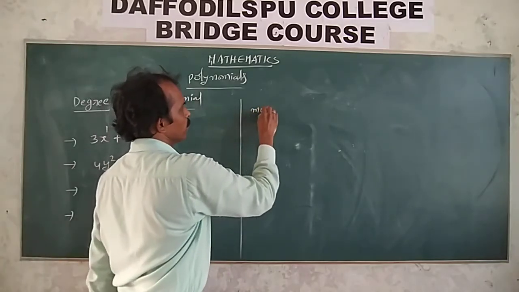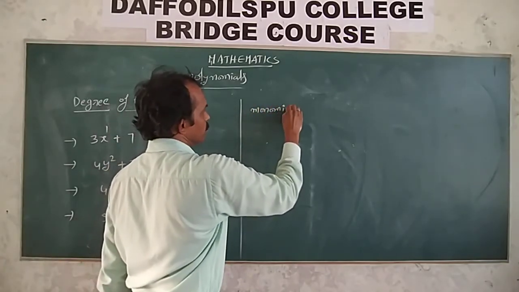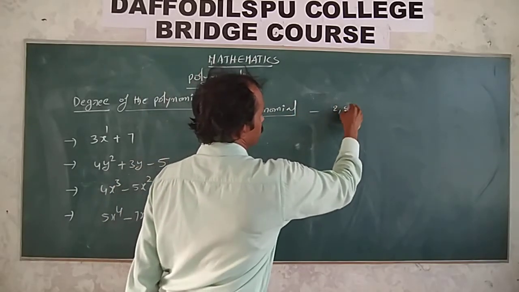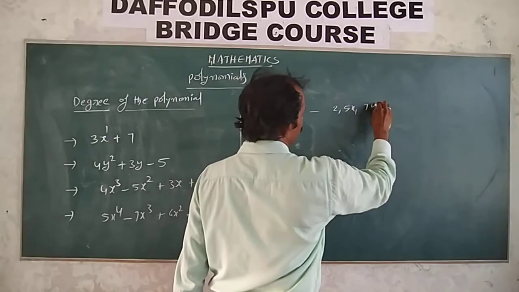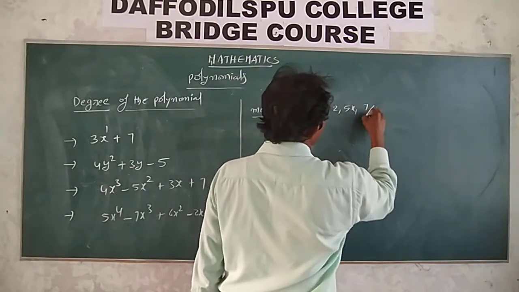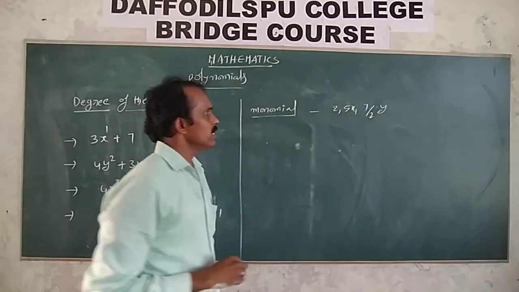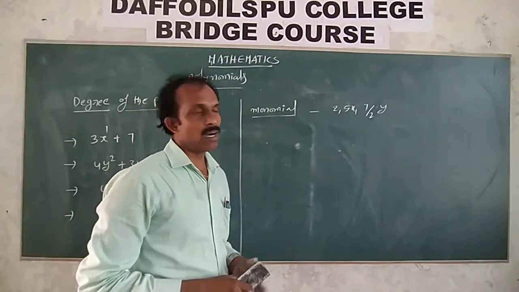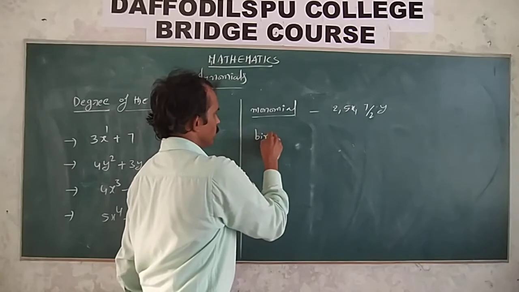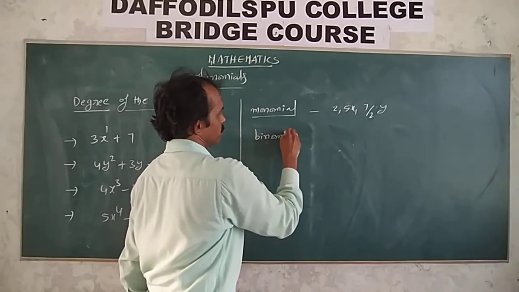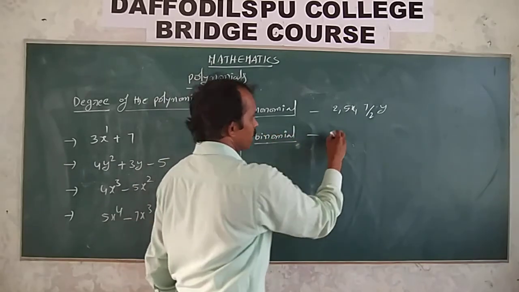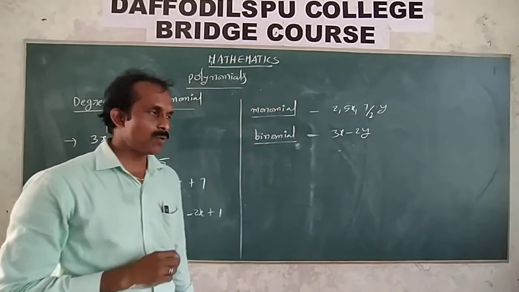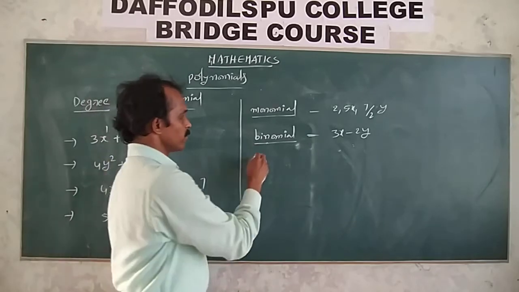Next, monomial. Monomial means there is only one term, like 7 by 2y. When the expression has one term, that is called a monomial. Binomial means a combination of two terms.